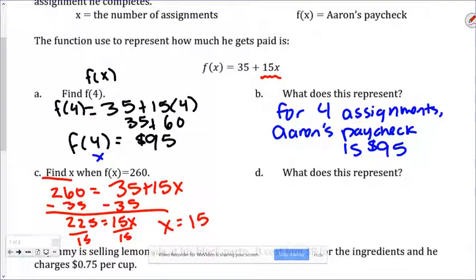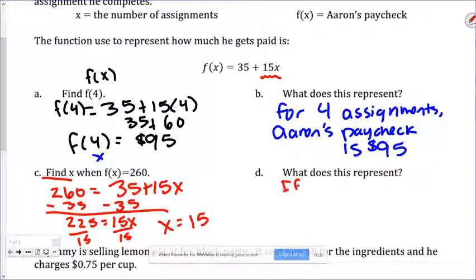All right, and it says, what does this represent? So we just found x is 15. Okay, so x is number of assignments. For 15 assignments, his paycheck was $260. Since they gave us the 260, we'll say this part first.